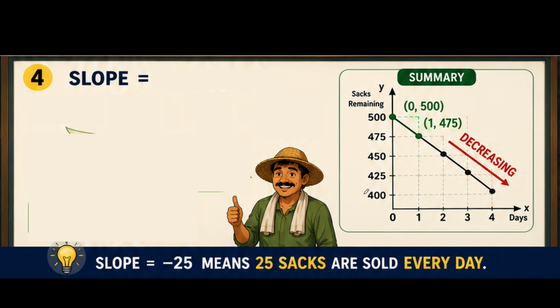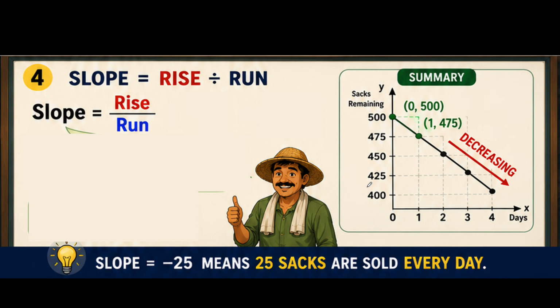Ngayon, the fourth step is we're gonna find the slope. The slope is equal to rise divided by run. Kanina may rise tayo, right? So yung rise natin is equal to negative 25. Okay? And the run is 1. So negative 25 divided by 1 is equal to negative 25.